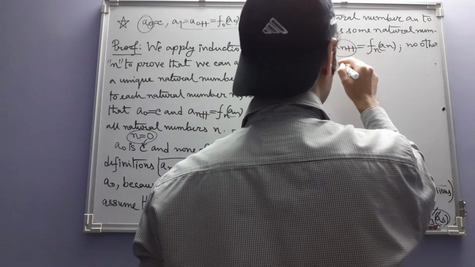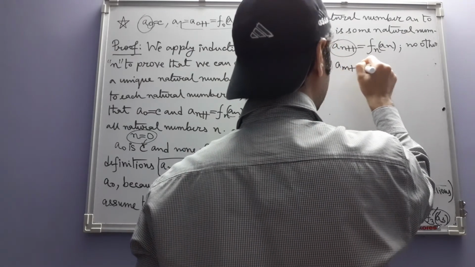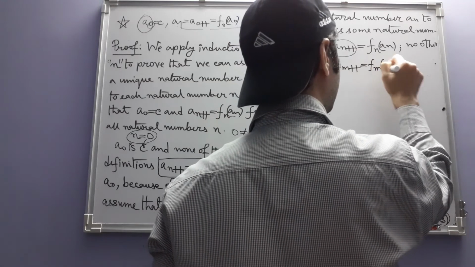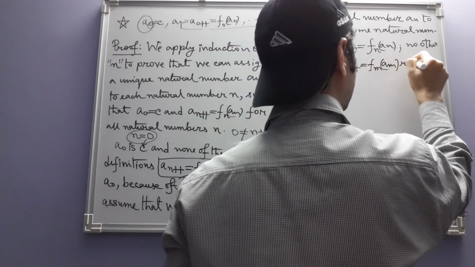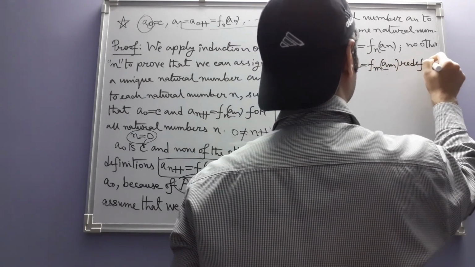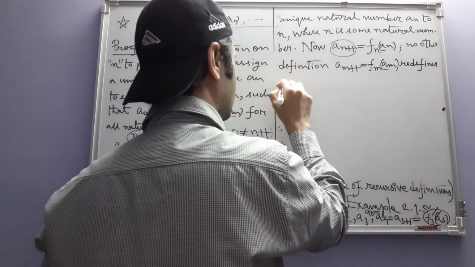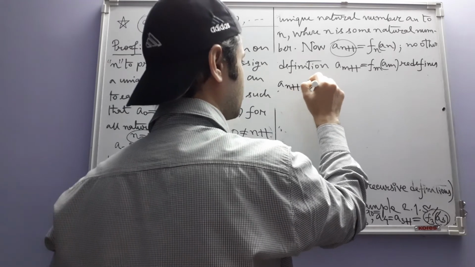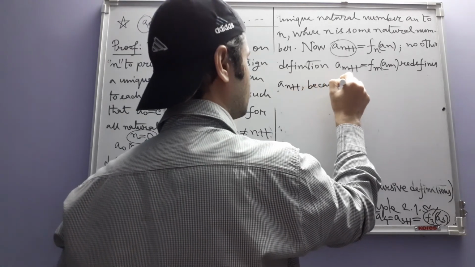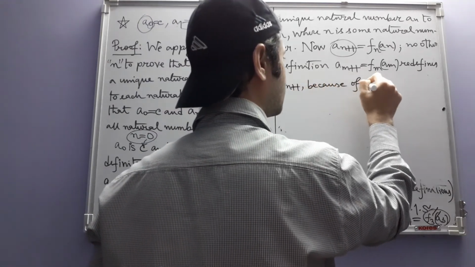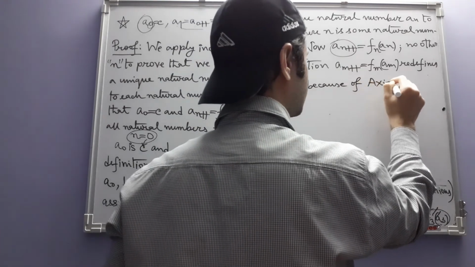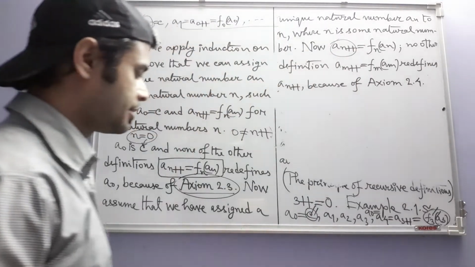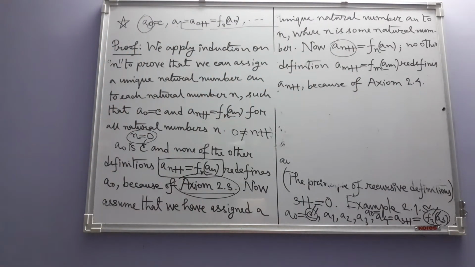No other definition a_{m++} equal to f_m(a_m) redefines a_{n++} because of axiom 2.4.